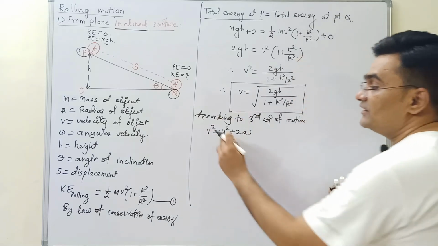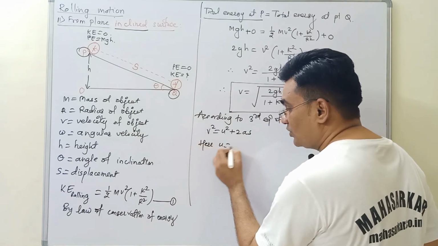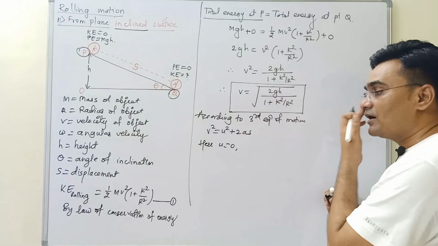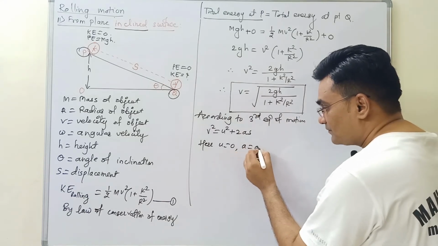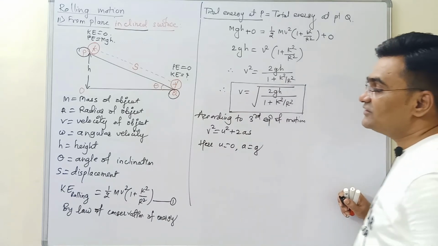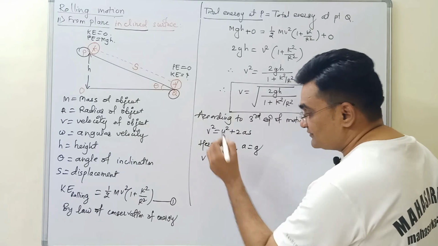Look, here v square is there, but here u equal to 0. Now the object is coming along the gravitational force, so a equal to what? g. Substituting these values, I will get v square equal to 2gs.